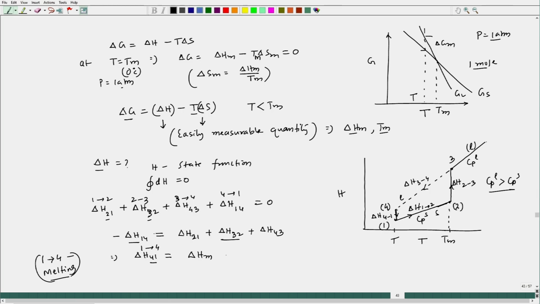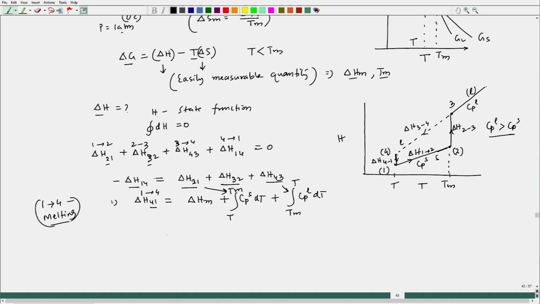That should be positive, and this one is nothing but the integral of Cp S dT from T to T m, plus the integral of Cp liquid dT from T m to T. Then I can write delta H m minus, I change the limit, the integral of Cp L minus Cp S dT.